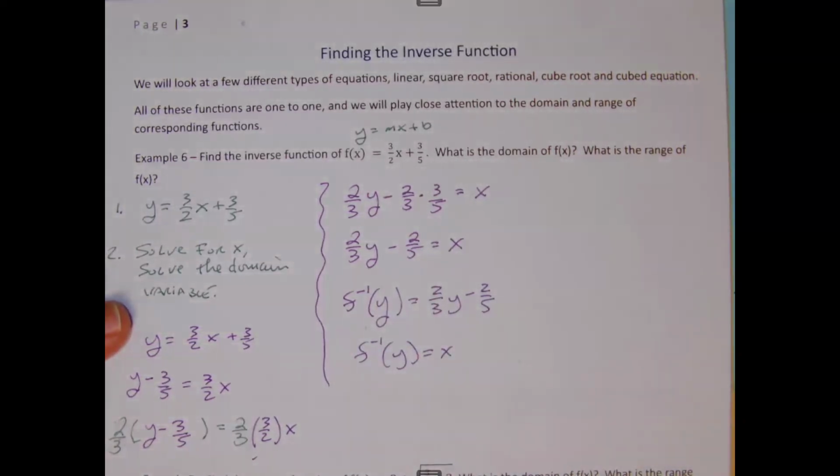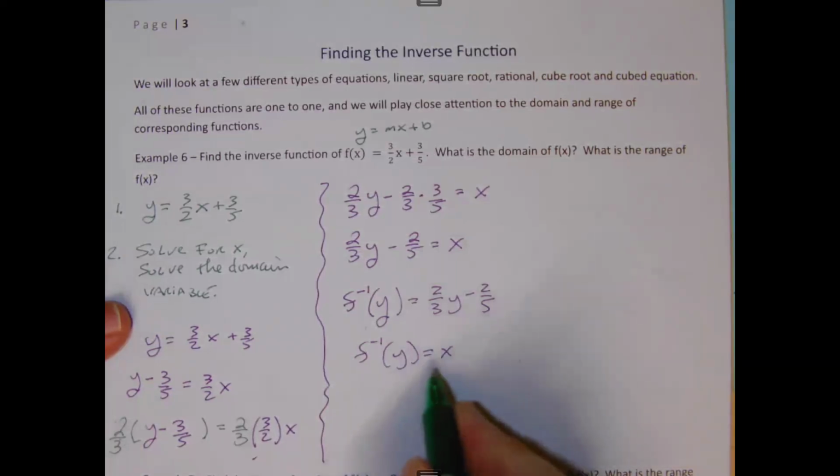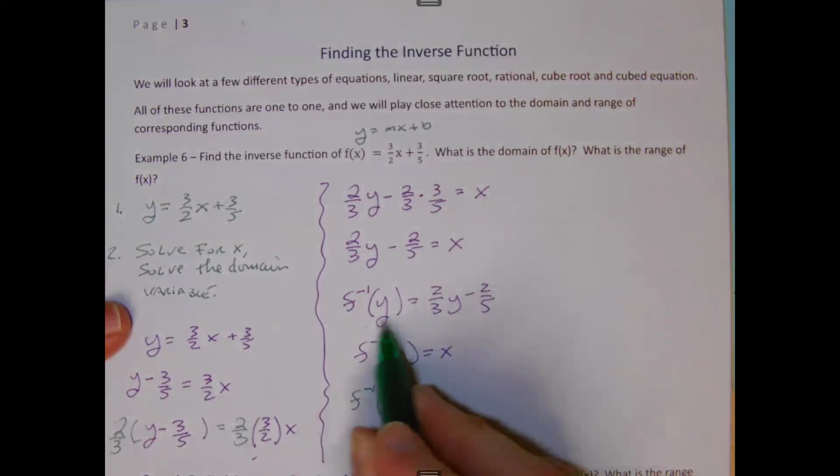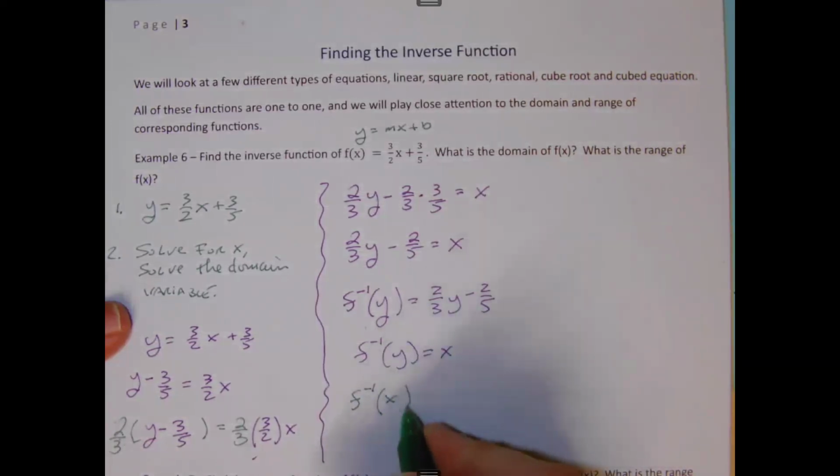Now, I'm going to again just make a mention. Just one more step in some textbooks, as a matter of fact, a lot of textbooks, is to replace the x with the y and the y with the x. So in other words, the last step would be replace every y here with x, and why would they do something like that?